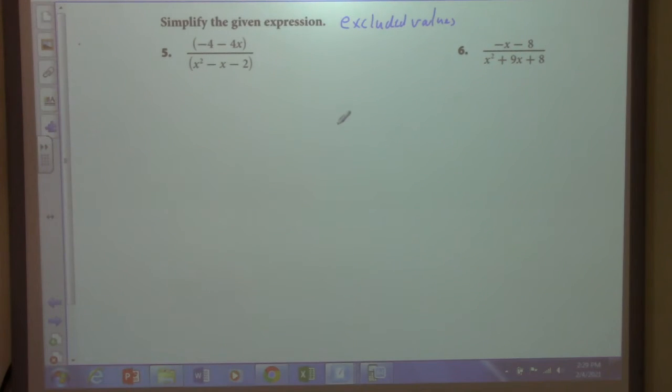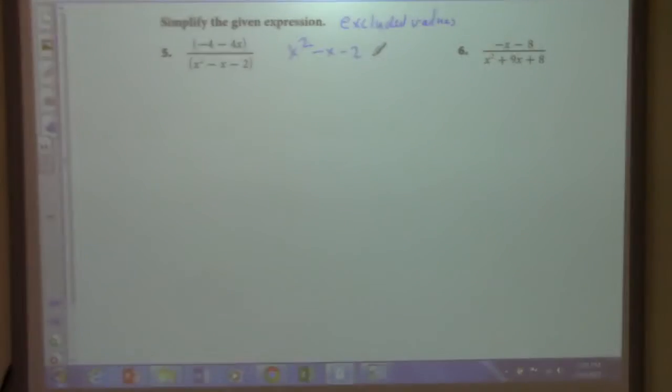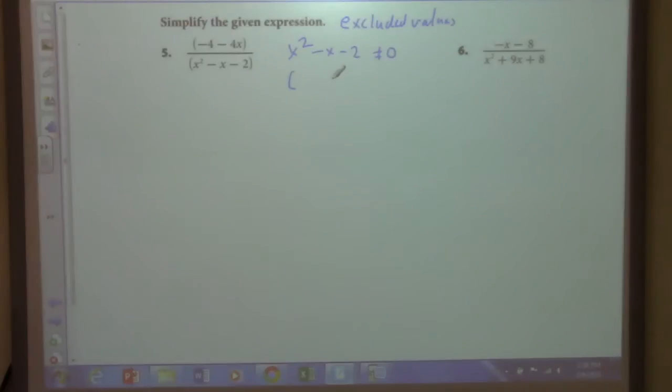So how do we find excluded values here? The x's in the denominator is 0. Yeah, so what we'll do is we'll take x squared minus x minus 2 and set this not equal to 0, and then what? Something else we talked about was factoring, right?